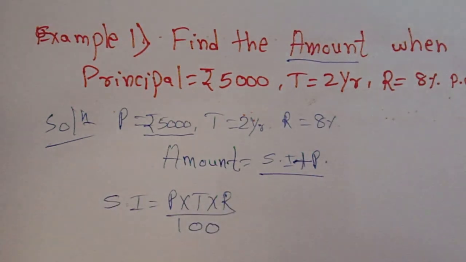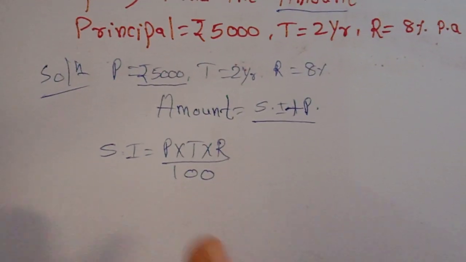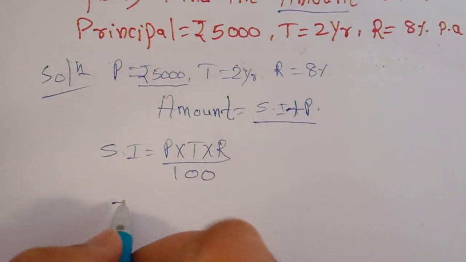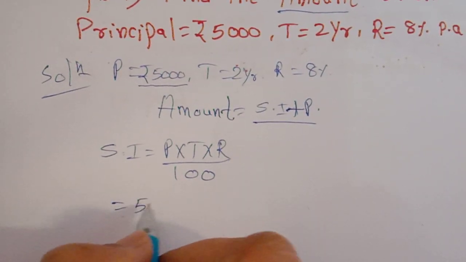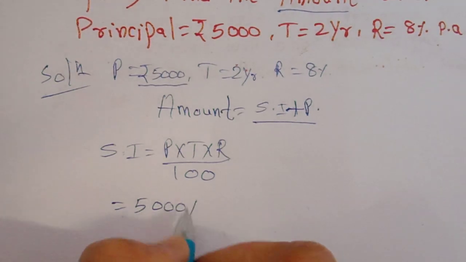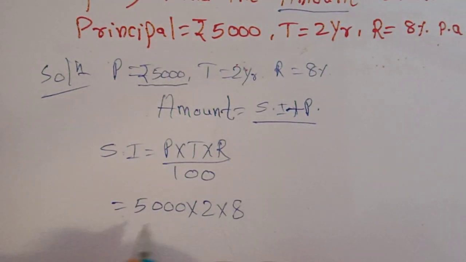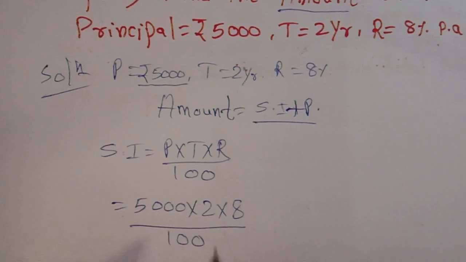So here you can see P into T into R by 100. Now in place of P, 5,000; T, 2 years; and R, 8% by 100. Now you can cancel these zeros.